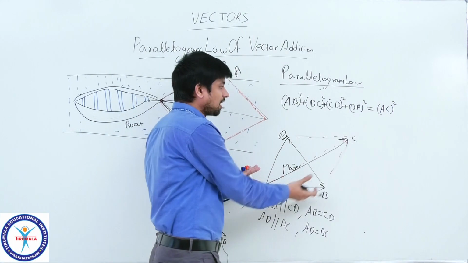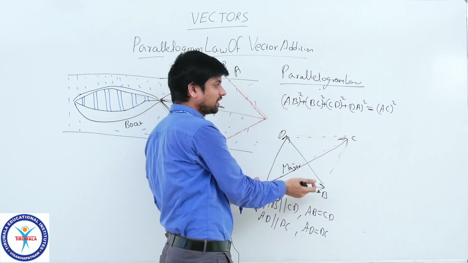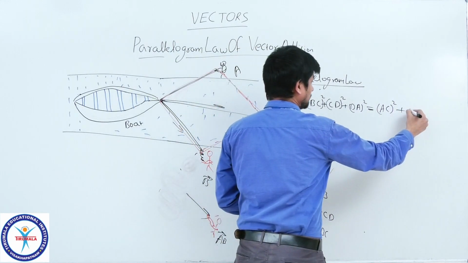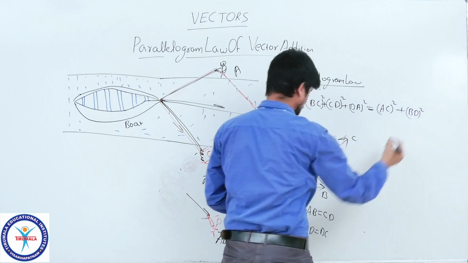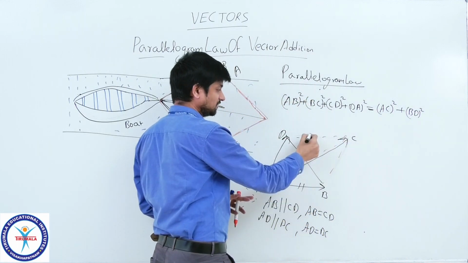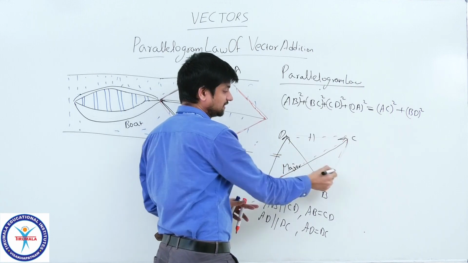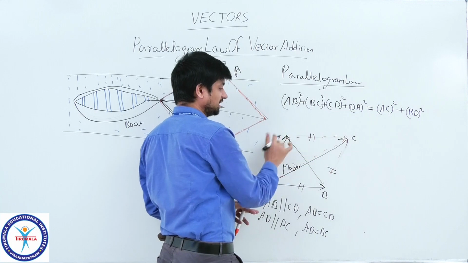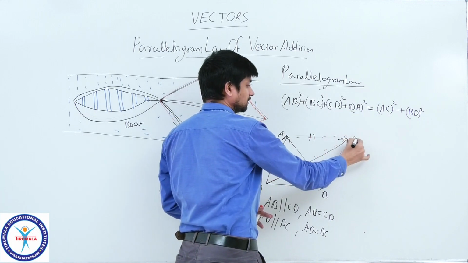So, squares of all the sides sum and squares of the diagonals, meaning AC square plus BD square. I said before, this one is parallel and equal, this one is parallel and equal. So AB equals CD.